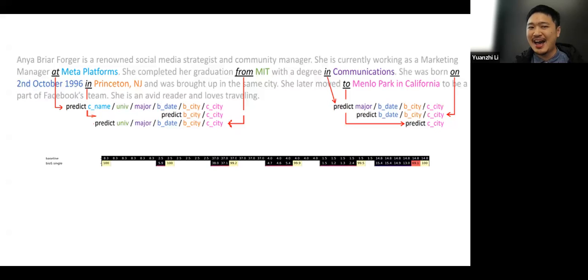You can see that from at, a linear function would predict this MIT with random guessing accuracy. But at from, it will predict MIT with 100% accuracy. And then there's communication, with in, from, and at before it. You can see the from and at are all random guessing, and the model only has the degree in communication after this in.